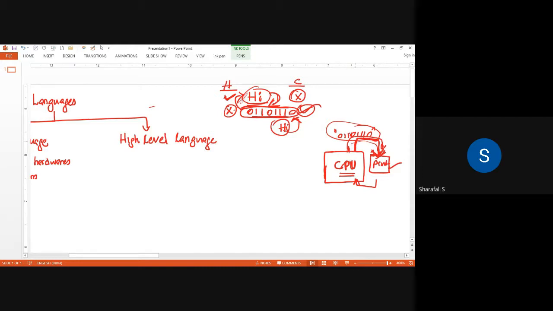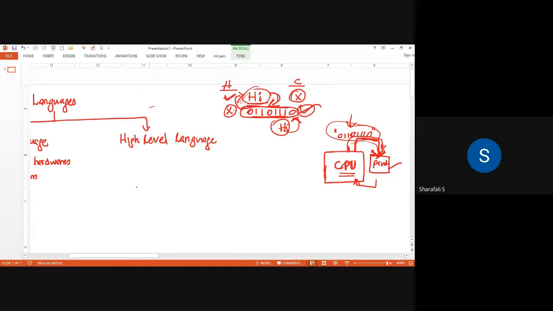All the devices inside your computer system communicate by using this binary code. But we humans cannot understand binary code, or it is very difficult. As you can see, this "hi" is written here; if you consider a paragraph, it would be a large number of binary numbers.